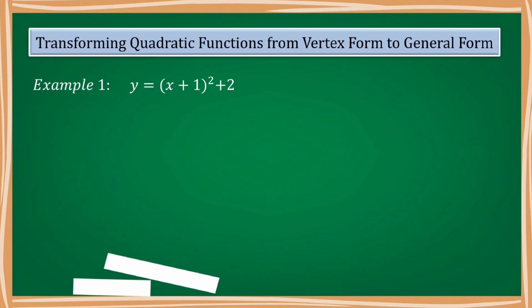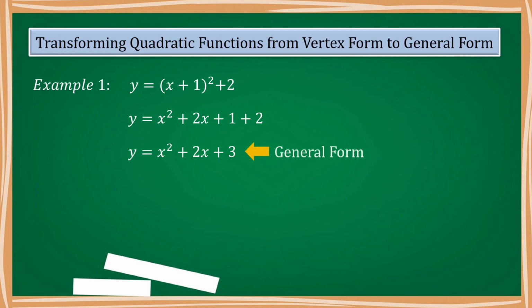So, para ma-expand natin siya, i-apply natin yung concept of square of binomial, or you can use FOIL method. We have y is equal to x squared plus 2x plus 1 plus 2. And just simplify this equation. The result is y is equal to x squared plus 2x plus 3. So this is now the general form.